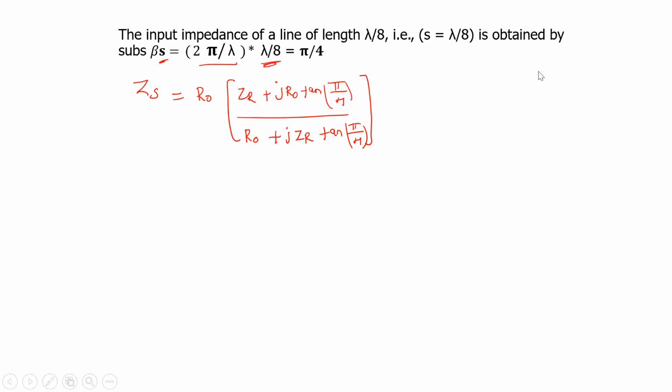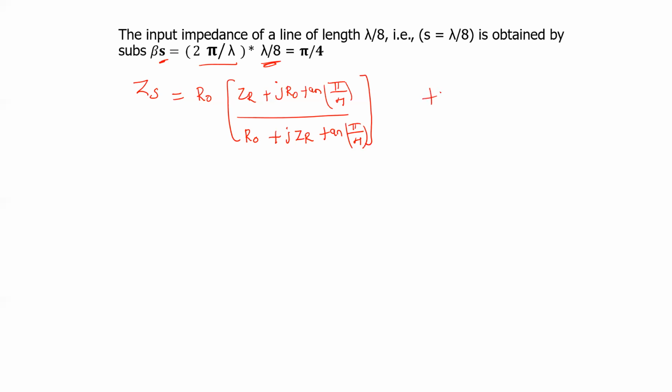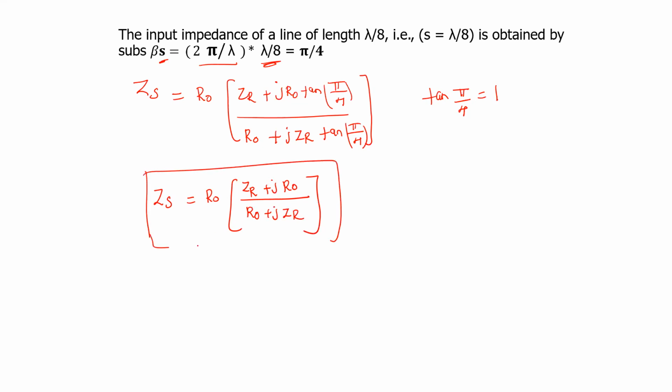In an eighth-wave line, beta S is given as pi by 4. Now, we all know that tan pi by 4, which is tan 45 degrees, has a value of 1. So, this gets simplified as ZS is equal to R0 into ZR plus jR0 divided by R0 plus jZR. This is the impedance of the eighth-wave line that we insert between the source and the load.